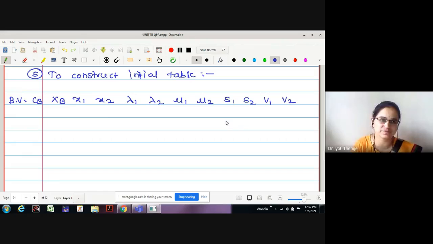Out of these, the basic variables are V1, V2, S1, S2.